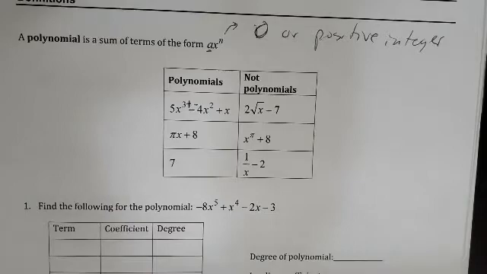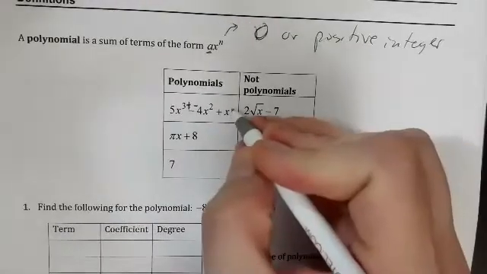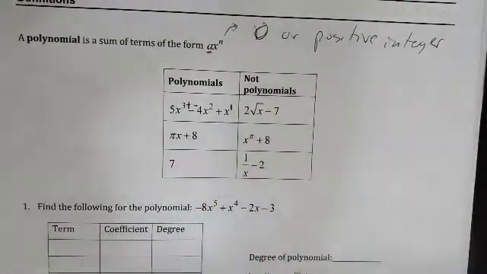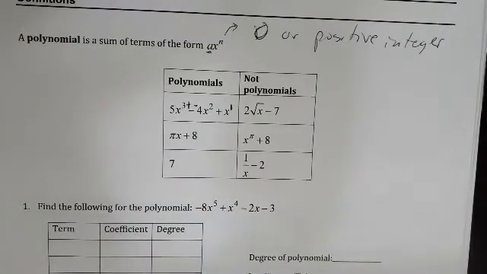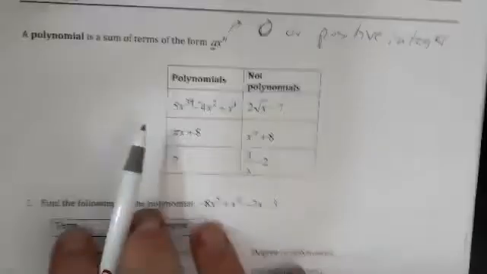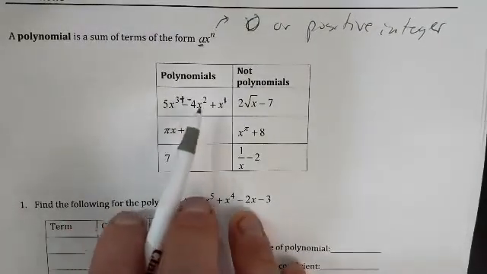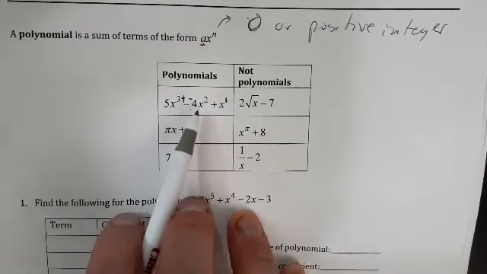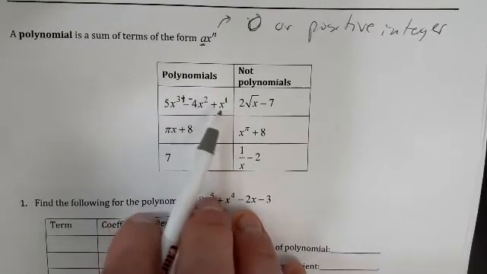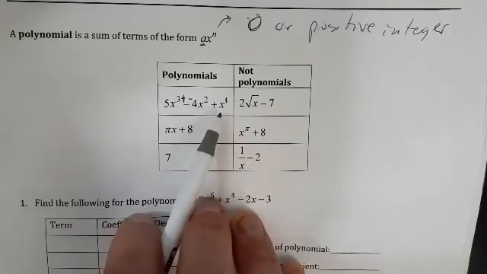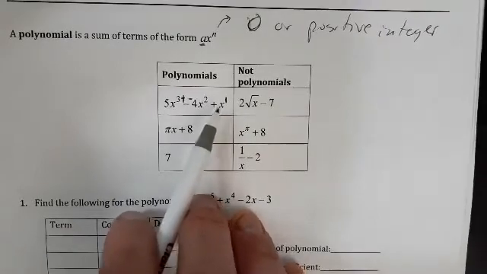And then we have plus x. I don't see a power on this thing. If I don't see a power, I can always write a power of 1. 1's a positive integer, we're safe. So it has a coefficient, it has a variable, it has a power. There's some adding and subtracting between the terms. We don't see a coefficient here either.